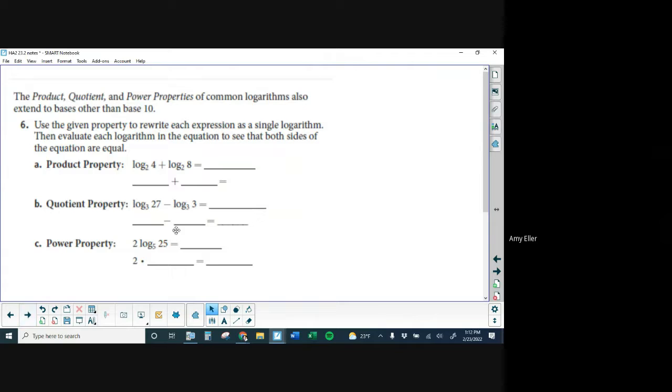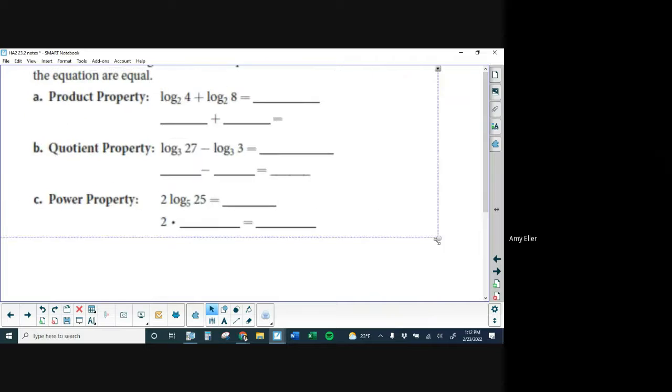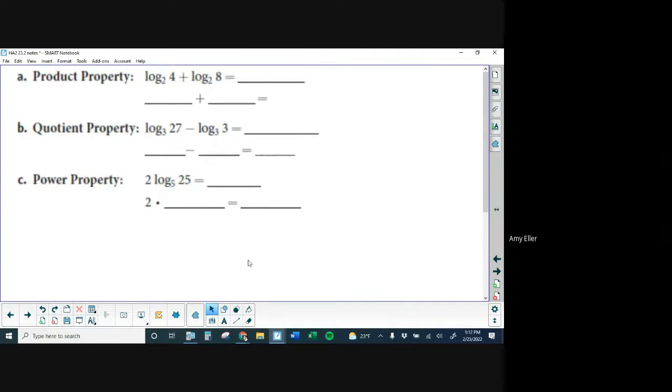Okay, good. So reviewing product, quotient, and power property with some actual numerical values. It says log base 2 of 4 plus log base 2 of 8. They kind of give you a hint in the name, product property, which tells me multiplication.